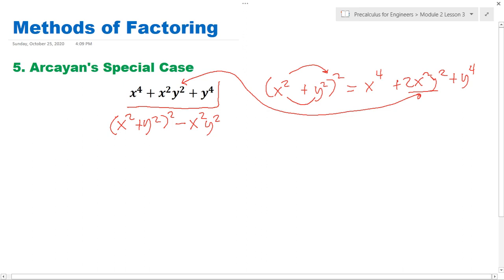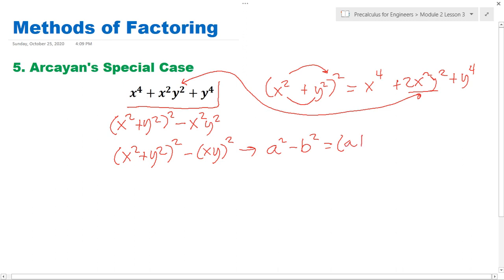And as you notice class, we can write this as x squared plus y squared squared minus xy squared. So this is already of a form a squared minus b squared. And what's the factor for this?